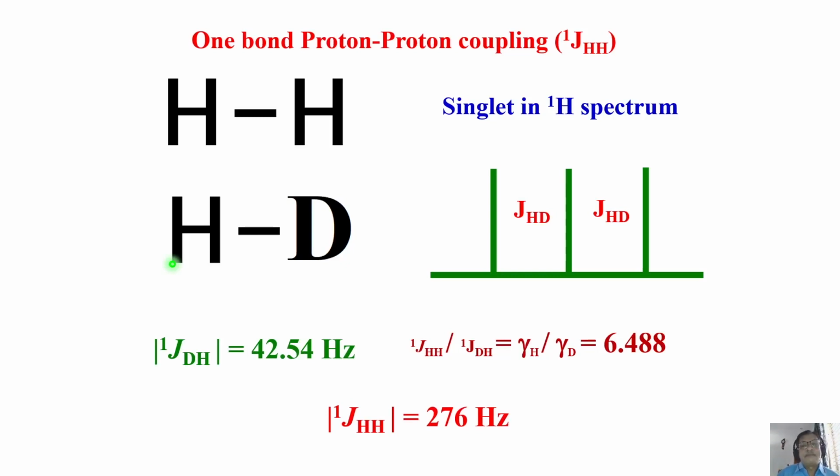That was feasible in that molecule. But in this molecule, there is no carbon-13 at all. So we have to use a different method, and this is the procedure adopted: changing the proton to deuterium, measuring the JHD coupling, and obtaining JHH by using this formula.